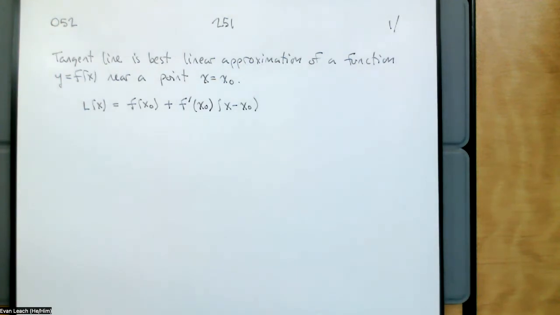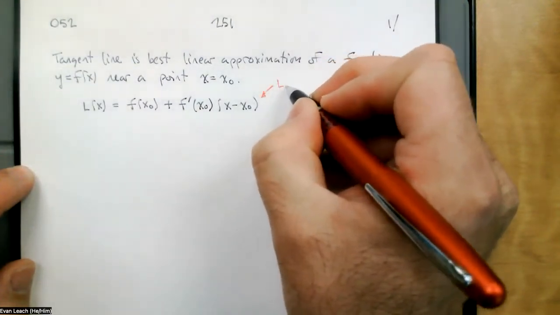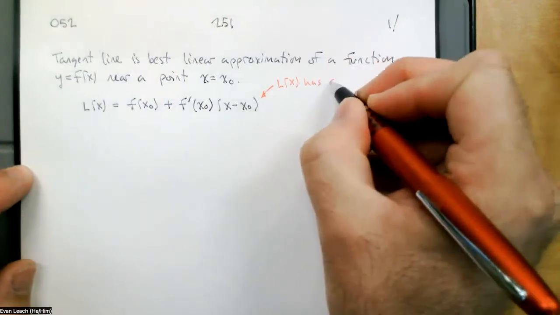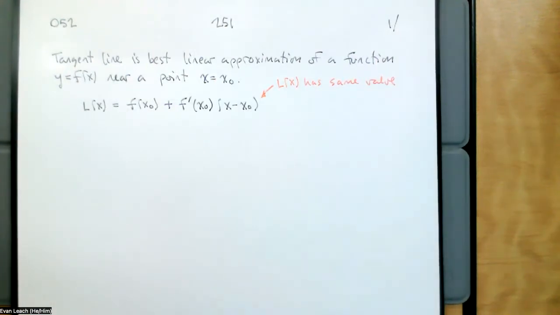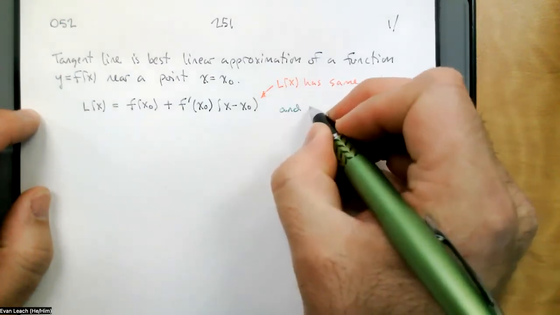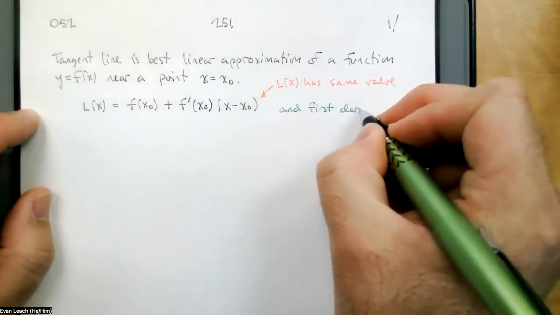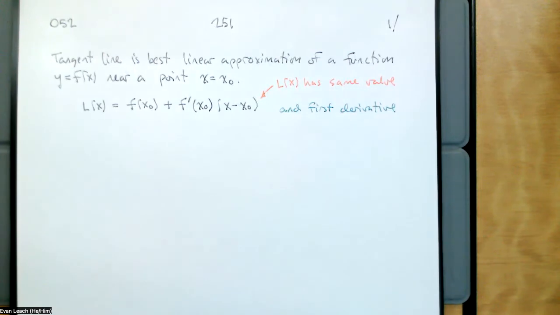So this is a linear function that has the same value of the function and the same first derivative. We can say it's going through the same place in the same direction. It has the same value and first derivative.